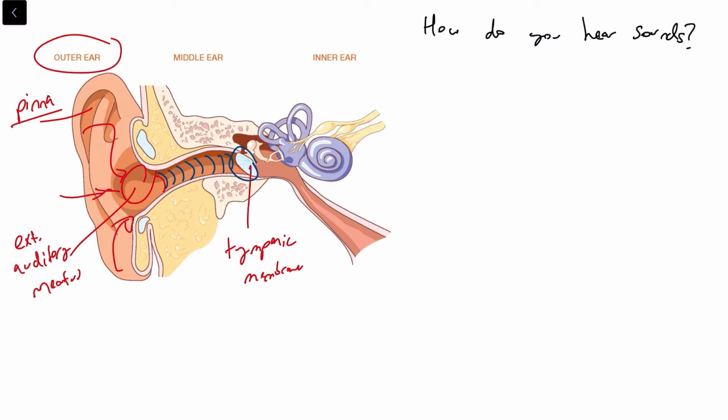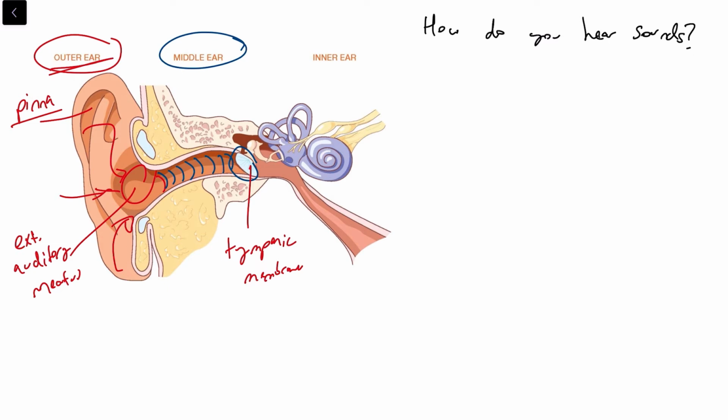The tympanic membrane is important because it is the barrier between your outer ear and your middle ear. It's where we take these sound waves that have just struck the tympanic membrane and move them onward. So it's an interface between these two things.